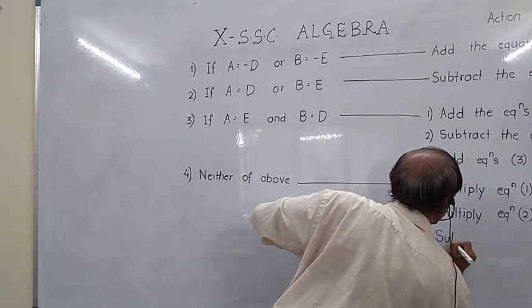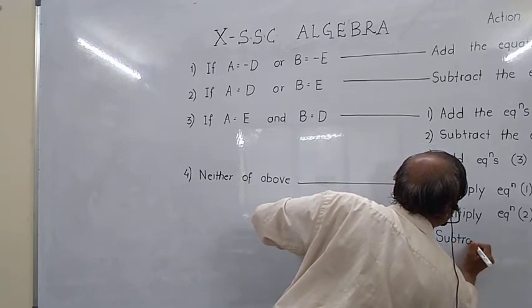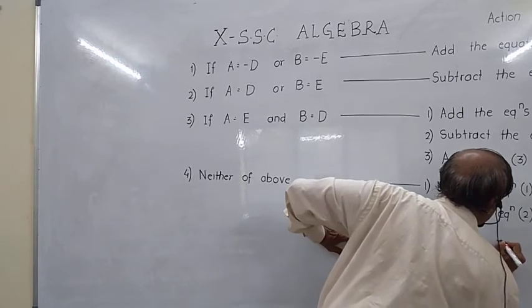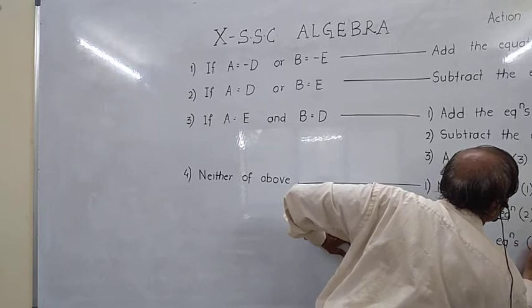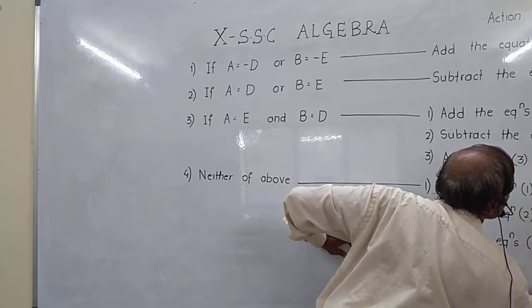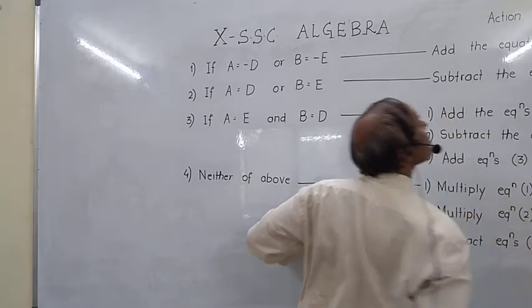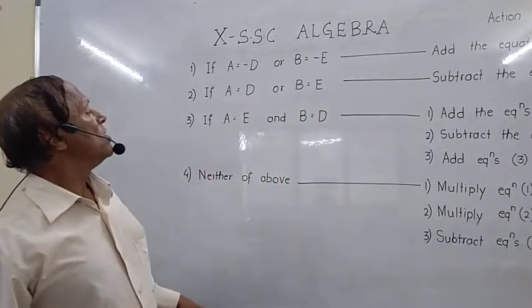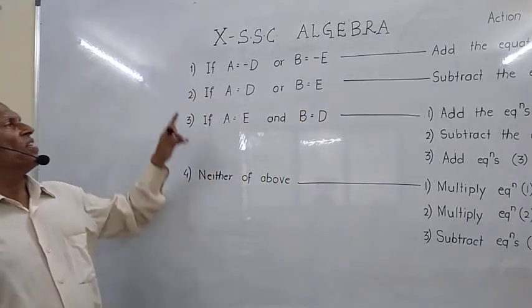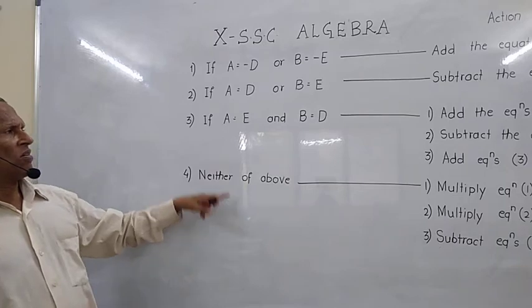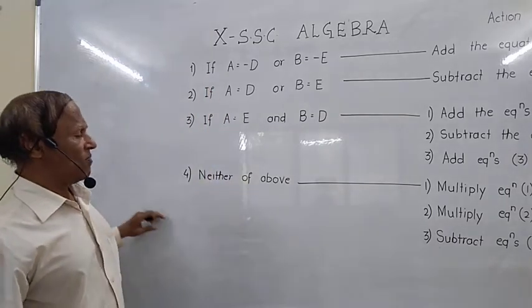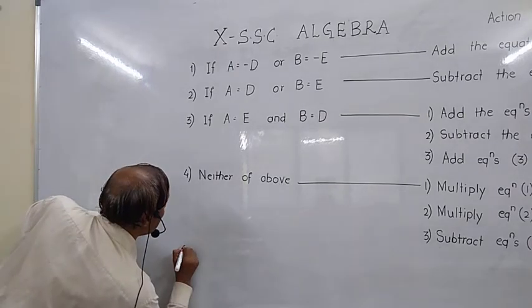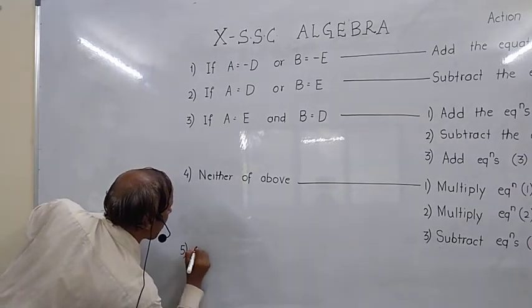Suppose none of these things work and the equations are not in standard form, then the fifth idea is to substitute.